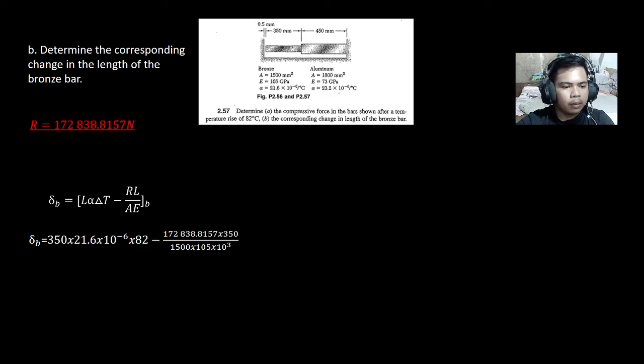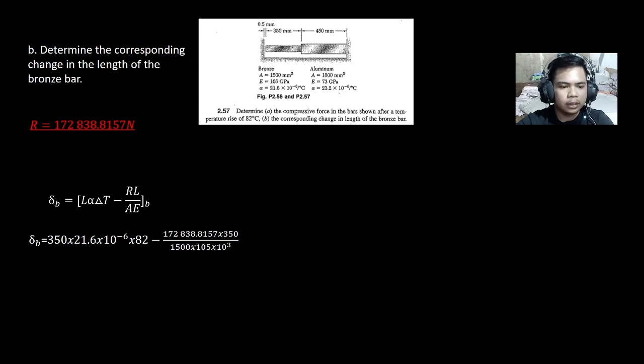So delta B is equals to 350 times 21.6 times 10 to the power of negative 6 times 82 minus 172,838.8157 times 350 over 1,500 times 105 times 10 to the power of 3.